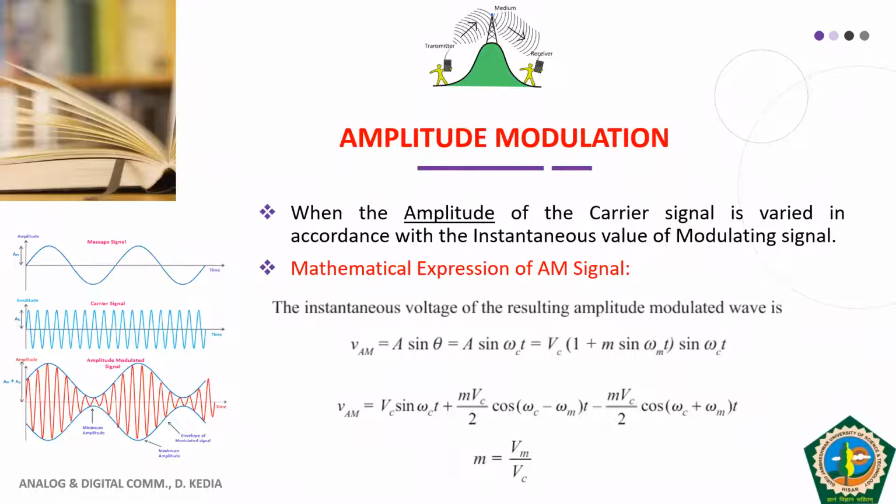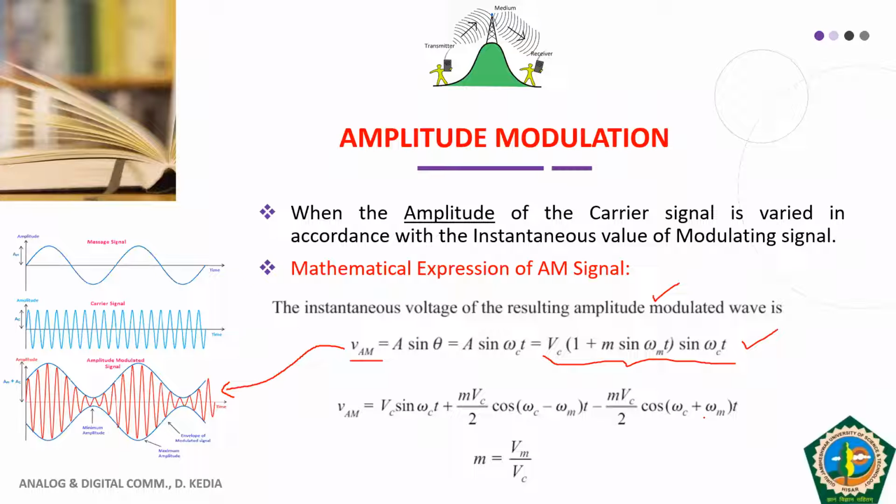Yesterday, with the help of a mathematical expression, we had clarified our concept related to instantaneous value and the amplitude of the carrier signal. Then we derived the expression for the amplitude modulated wave, which gives us the instantaneous value of the amplitude modulated wave. With the help of this expression only, we are able to obtain this waveform of amplitude modulation.